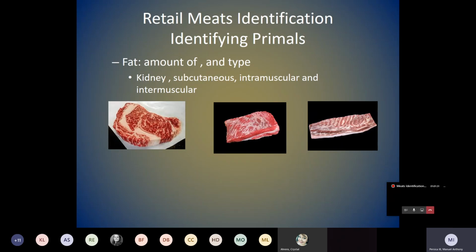So tell your students, if you see something heavily marbled, obviously it's either coming from the rib, possibly the loin, or coming off the front. The types of fat that are there will help determine the area of the cut.